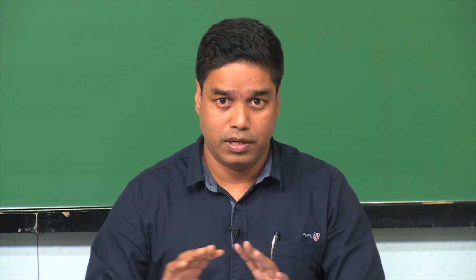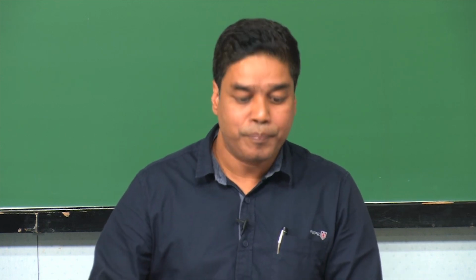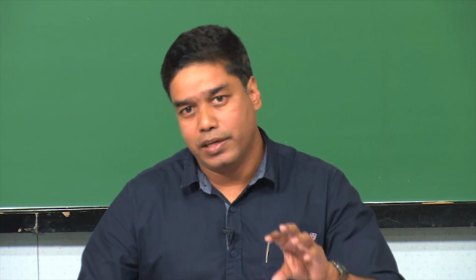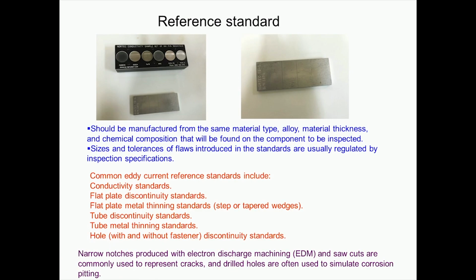So, the artificial flaws that you introduce on the surface of these standard blocks should be according to some inspection specifications. So, these are the two main requirements from a standard block which is used to calibrate the eddy current setup.